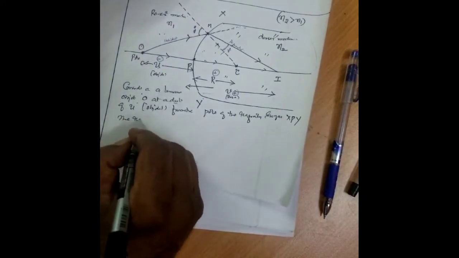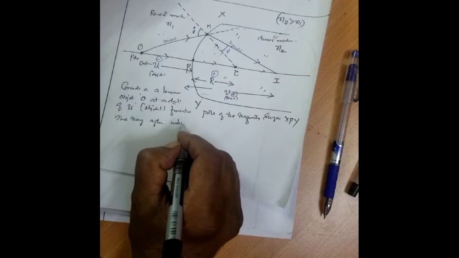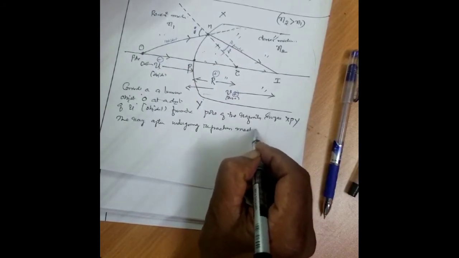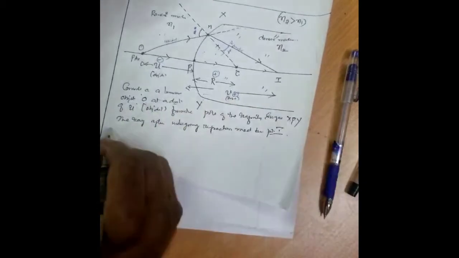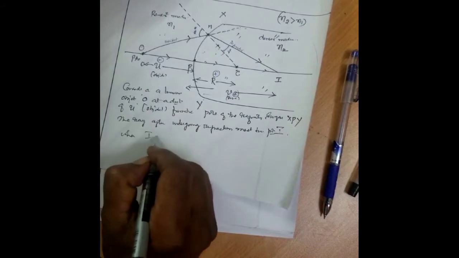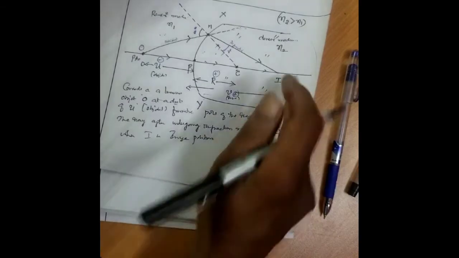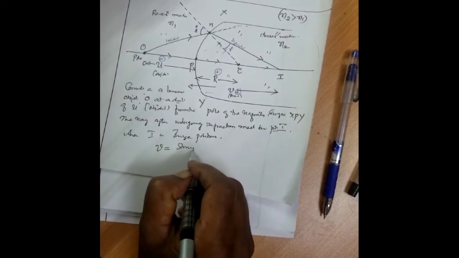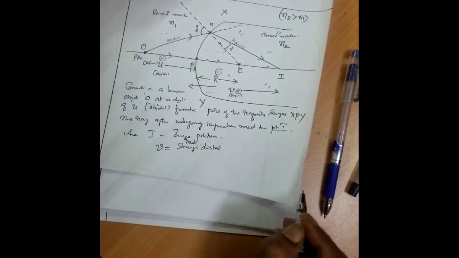The ray, after undergoing refraction, meets at the point I, where I is the image position, right? And v is equal to the image distance. That is called the real image distance.